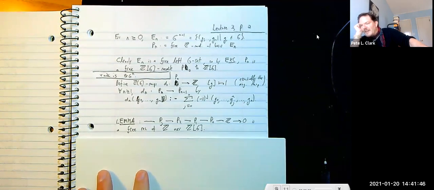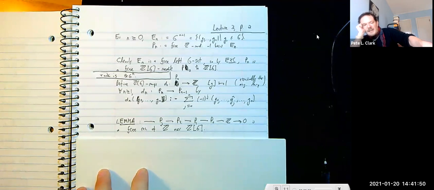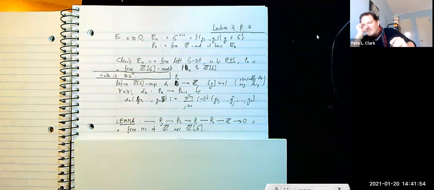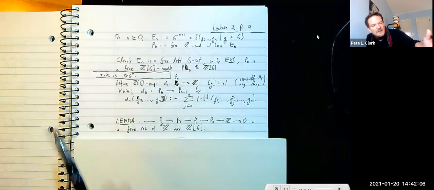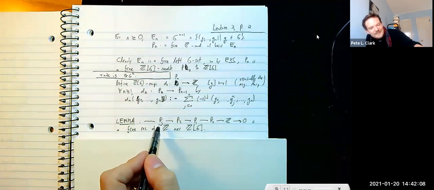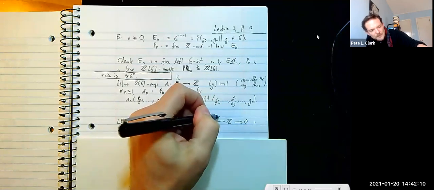And here's the result that I didn't even write up in my handwritten notes, that this works, and you do actually get a free resolution. Each Pn is a free ZG module. And these are ZG morphisms.